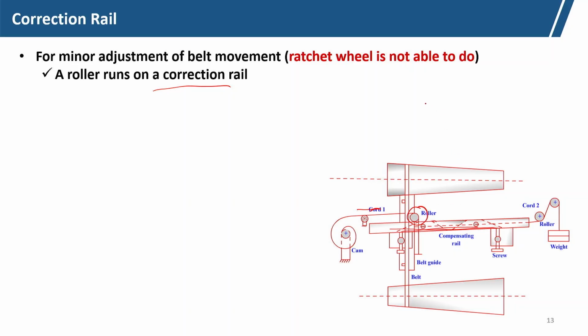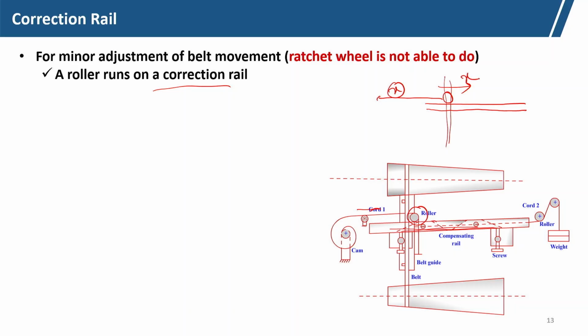Suppose this is a correction rail and here is a roller, and this is a release mechanism. For x release, if there is a 0 angle, there will be x movement of the cone belt.